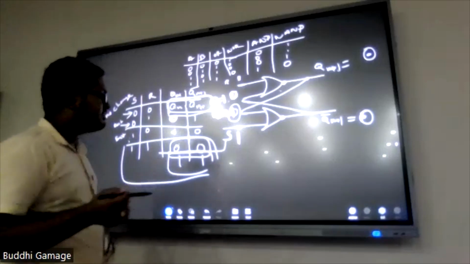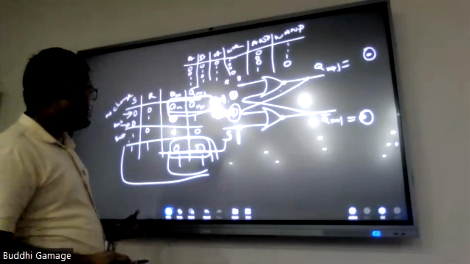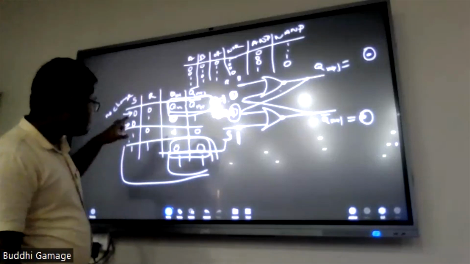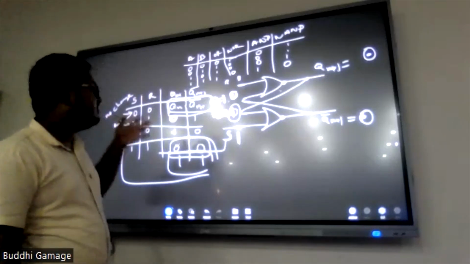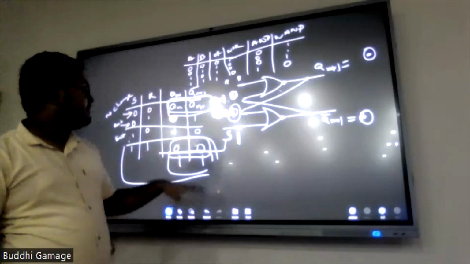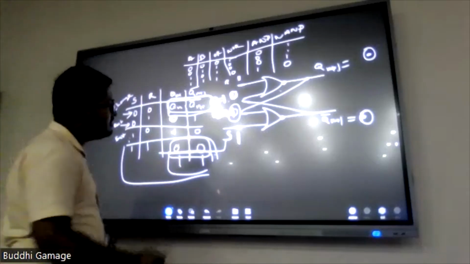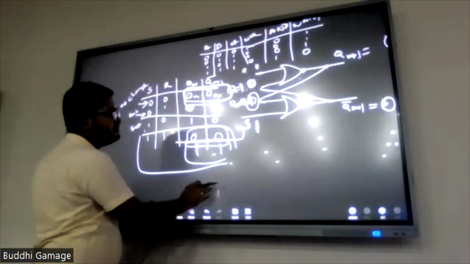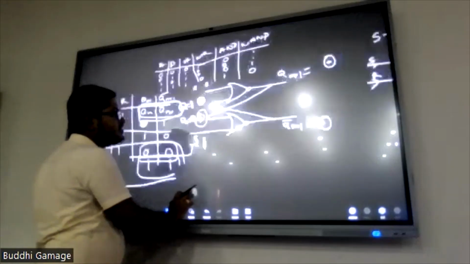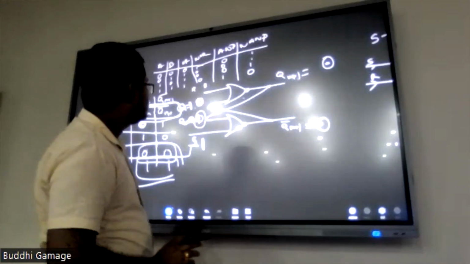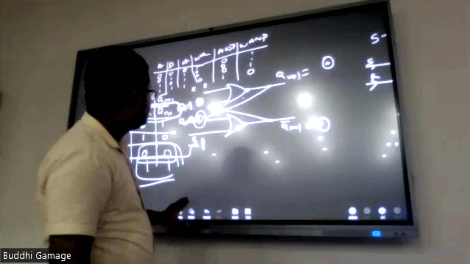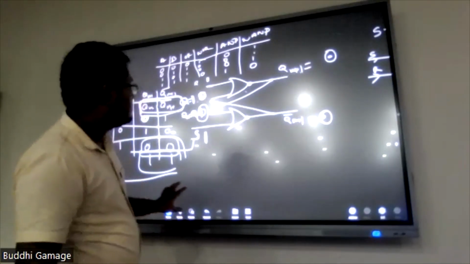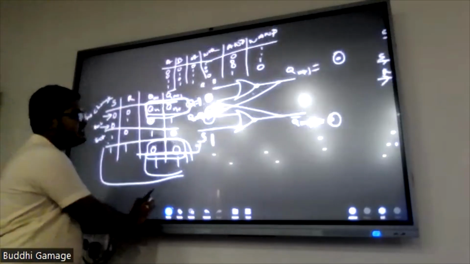Then Qn plus 1 bar is set to 1. In the set state, where S is 1, our Qn plus 1 will be set to 1, and Qn plus 1 bar will be set to 0, right? So this is our SR latch.